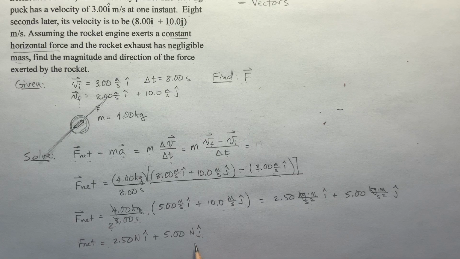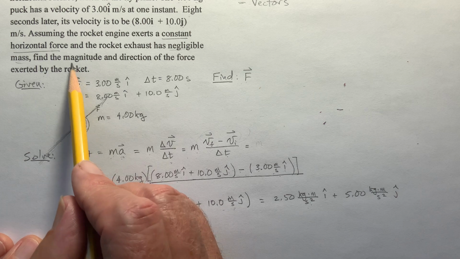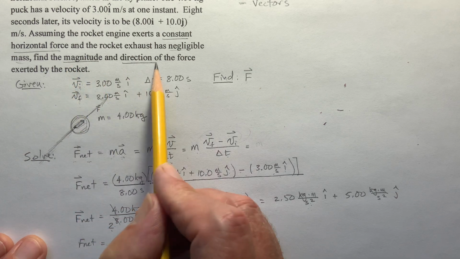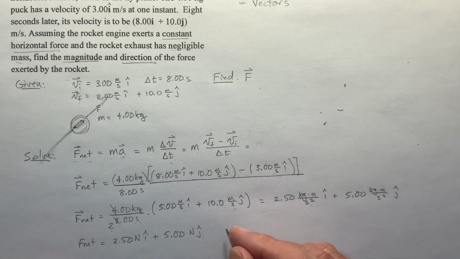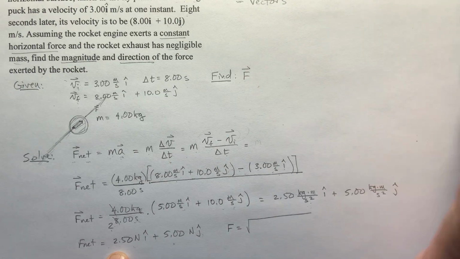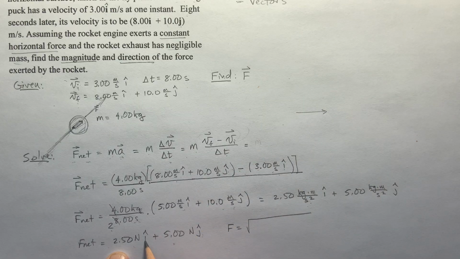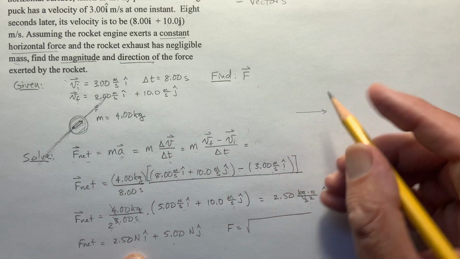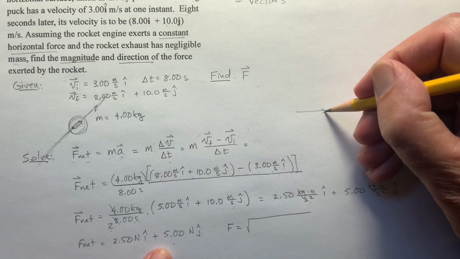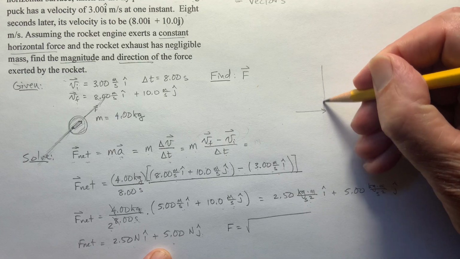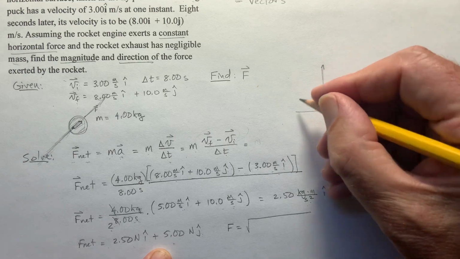Now, I could try to express this as the answer, but unfortunately, if we read the question carefully, it wants the magnitude and direction of this force. So to get the magnitude, it's just kind of tedious. It's not hard. It's just the x component squared. Remember, this makes a right triangle, right? This net force goes 2.5 newtons in the x direction, and then it goes twice as far in the y direction.